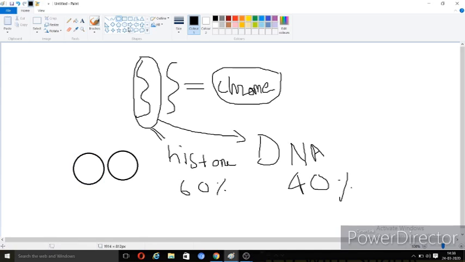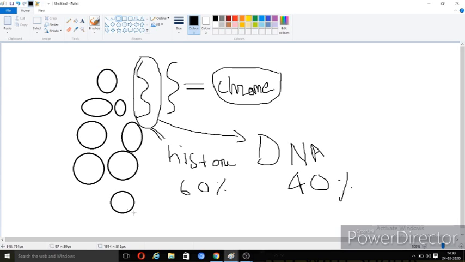Now suppose there are 8 histones. This is one histone, and this is another histone. So how many histones are there? 1, 2, 3, 4, 5, 6, 7, and let me add one more, 8. So in these 8 histones there will be a DNA.